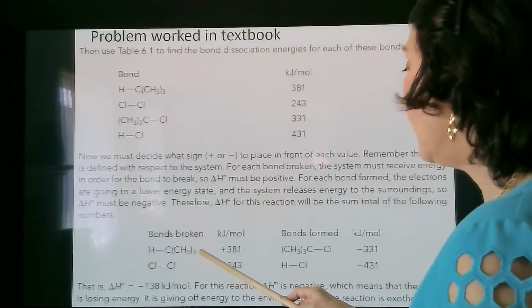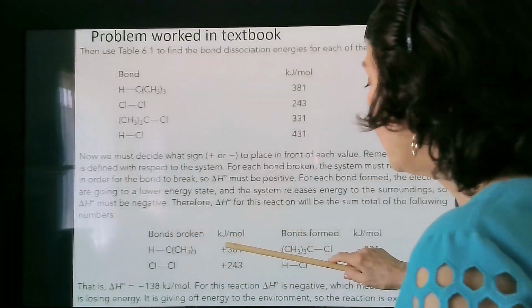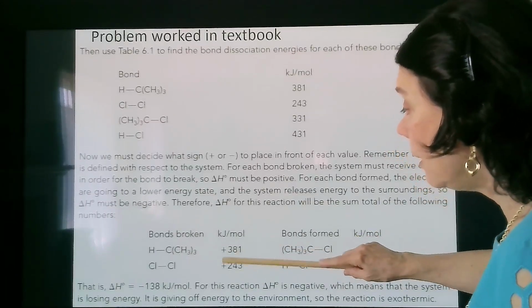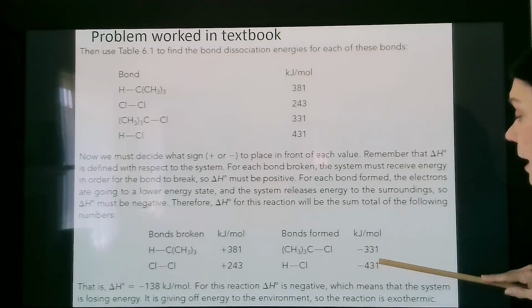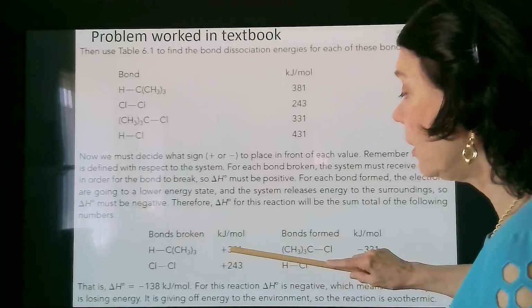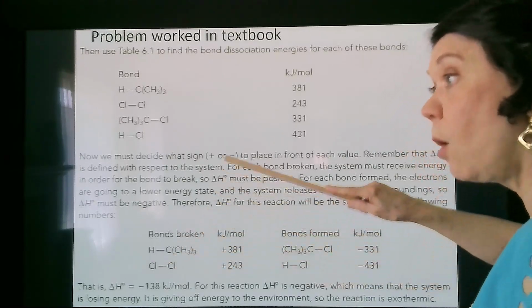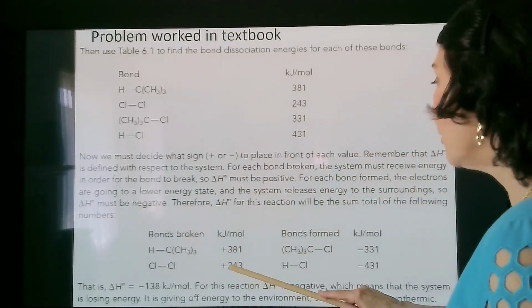And you can see that here they are added together. The bonds broken are here, positive numbers. The bonds formed are over here, negative numbers. And so the bonds being broken, it's going to cost energy as you go uphill. And so these two are added together.